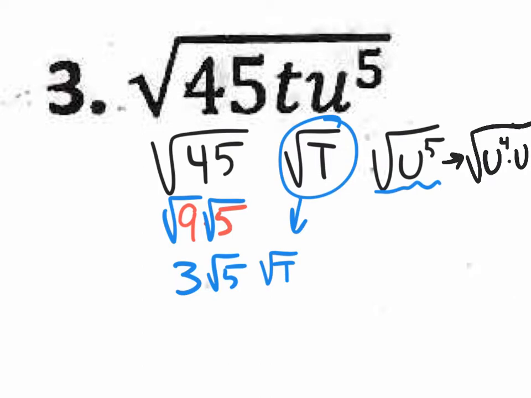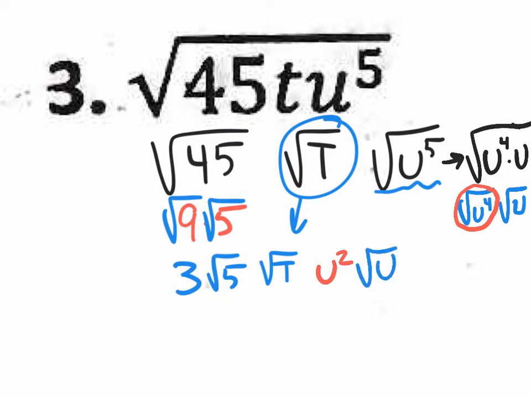That way I could actually split the root to the u to the 4th and split the root to the u. So what we really end up with, when I take the square root of u to the 4th, that's like dividing the exponent by 2. I end up with a nice, beautiful u squared. You with me? And then, of course, you bring down the square root of u.